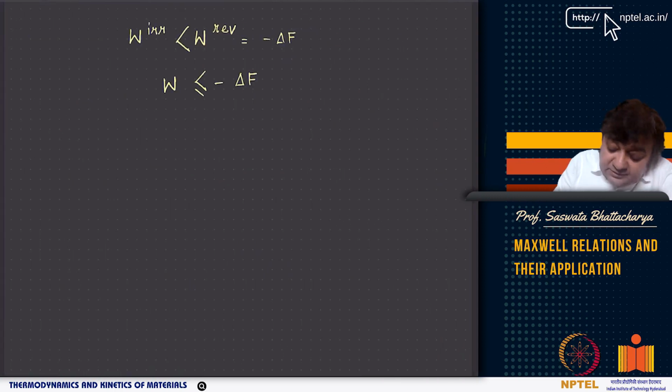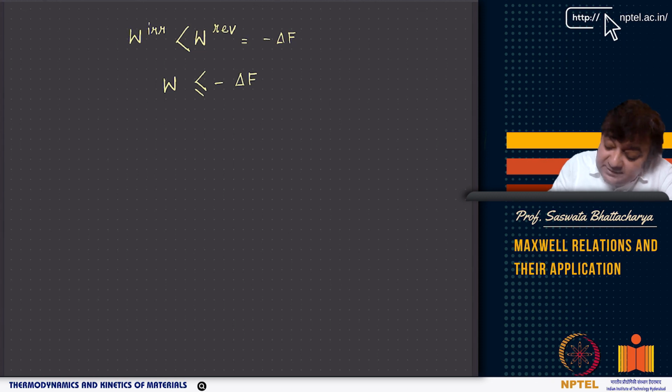And as we know, if the processes are irreversible, then the net work done by an irreversible process is always less than the work that you can obtain from a reversible process. And for a reversible process, you have the maximum work, and that maximum work is basically equal to negative of the change in Helmholtz free energy, right?